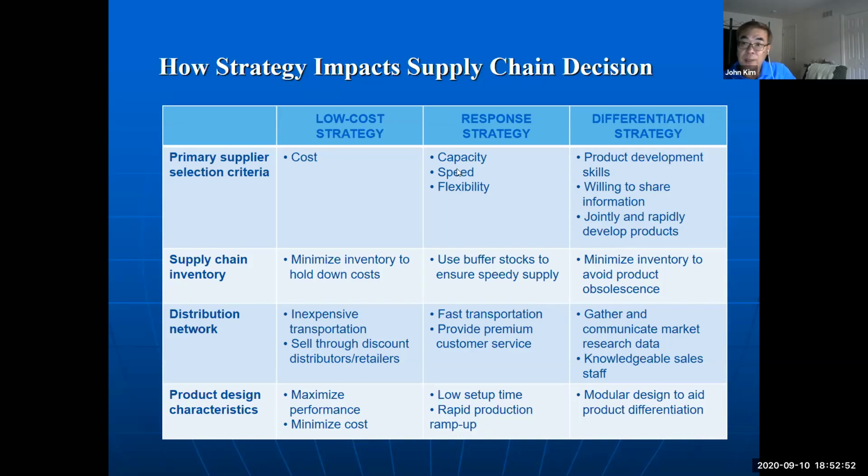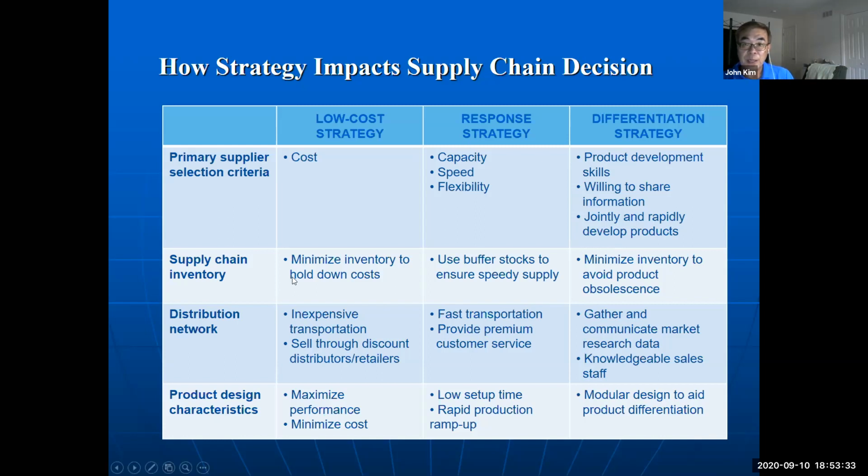And then if they want to make it faster, then when they select suppliers, they should consider the suppliers' capacity, speed, and flexibility. And then if the company focuses on making better quality, then they should check if suppliers have enough high tech and skill and so on.